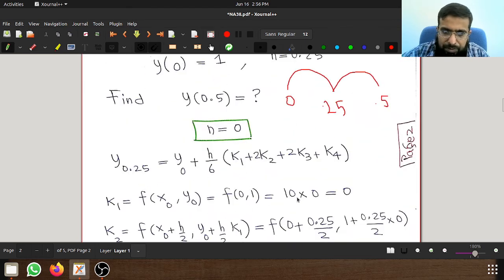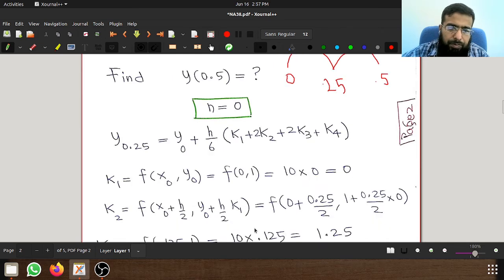If we replace x with 0, y isn't there, that becomes 10 times 0, which is 0. So we compute k2, that is f of x naught plus h by 2. x naught is 0, h is 0.25, 0.25 divided by 2, plus y naught is 1, plus 0.25 divided by 2 multiplied by k1, because this is the k1 we'll feed here.